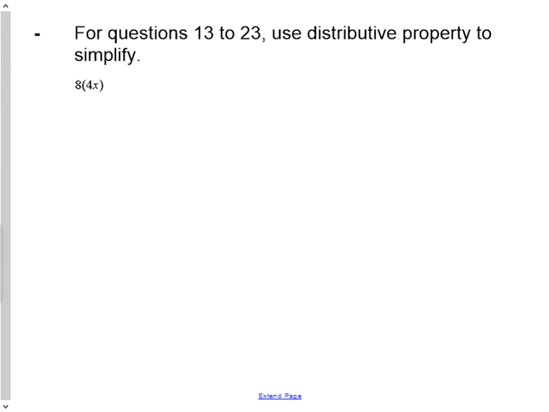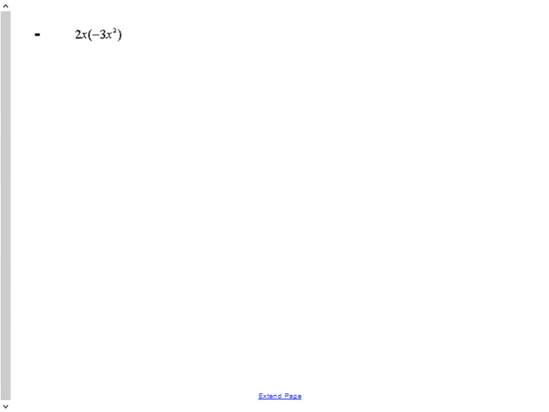For questions 13 to 23, it says use distributive property to simplify. So here, you simply had to multiply 8 by 4x, or 8 by 4 by x, which would be 32x. Here, it's 2 times x times negative 3 times x, because negative 3x squared is that.